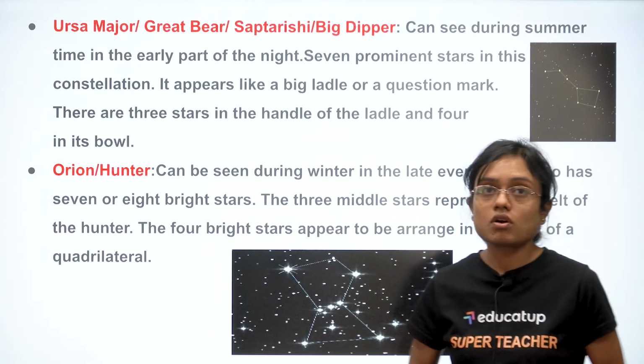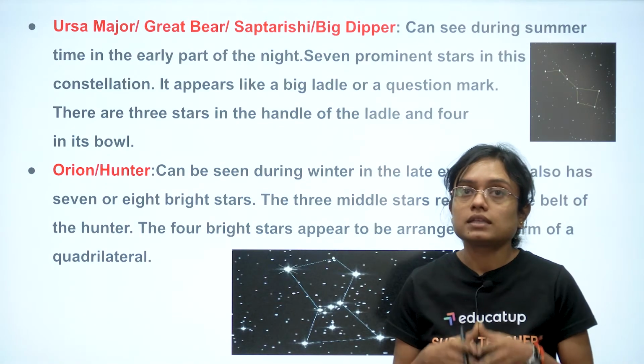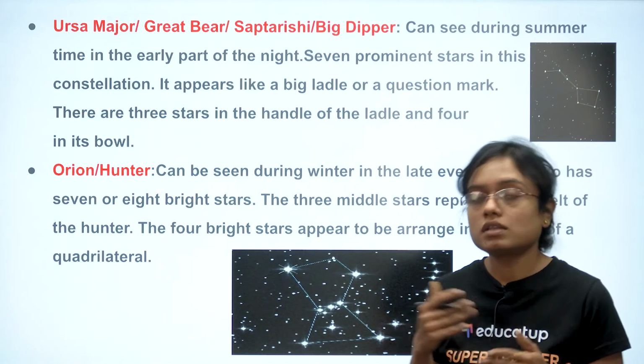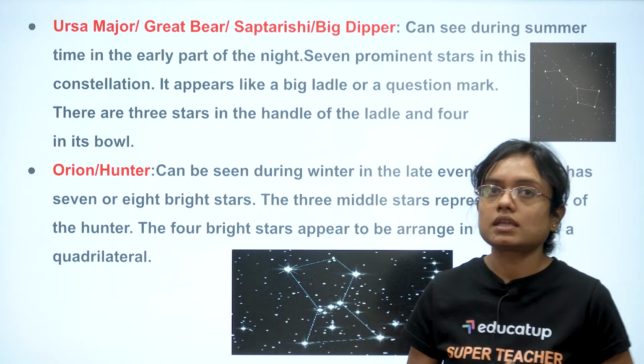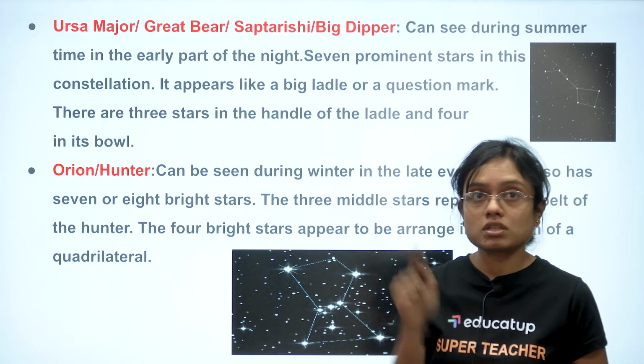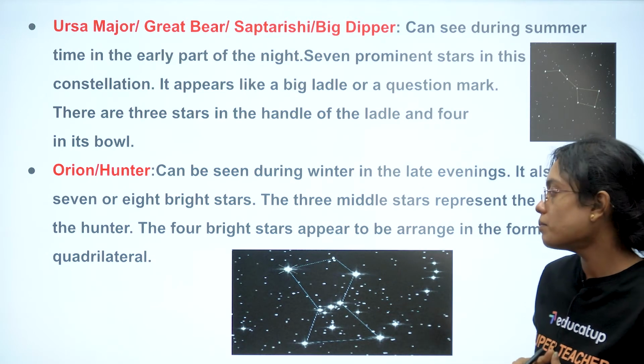Ursa Major, also known as Great Bear, Saptarishi, and Big Dipper, can be seen during summertime in the early part of the night. Seven prominent stars are in the constellation. It appears like a big ladle or a question mark. There are 3 stars in the handle of the ladle and 4 in the bowl.